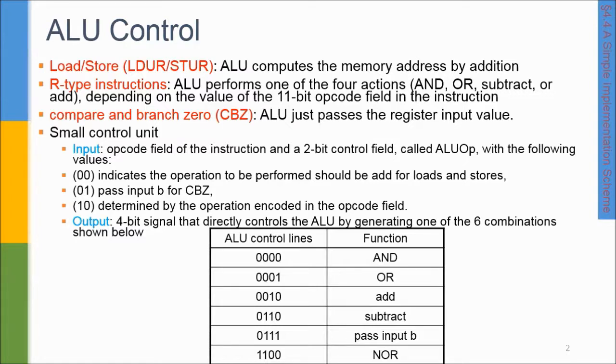This simple implementation covers load register LDUR, store register STUR, compare and branch zero CBZ, and the arithmetic logical instructions add, sub, and or. Then we will later enhance the design to include an unconditional branch instruction B.